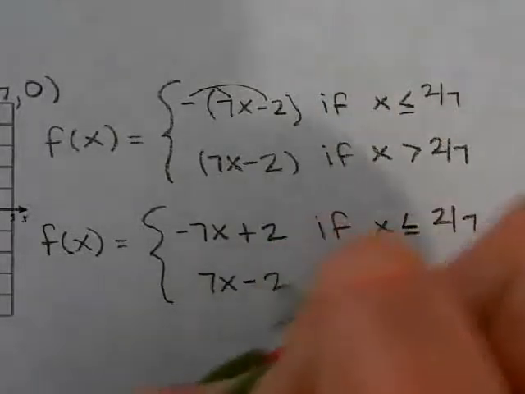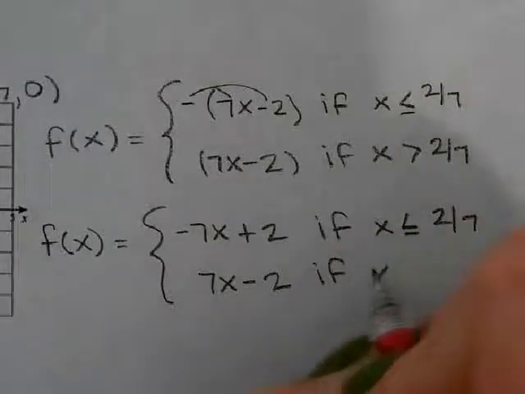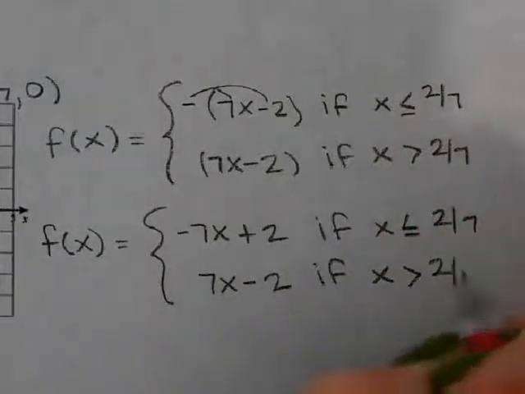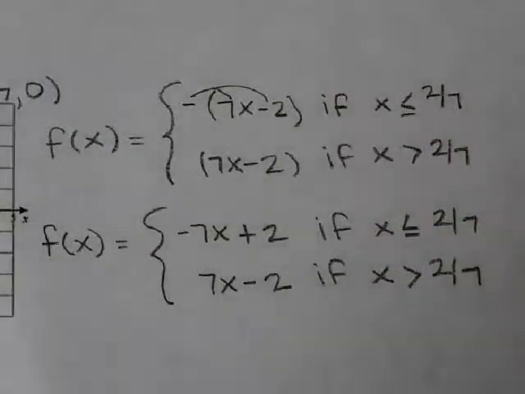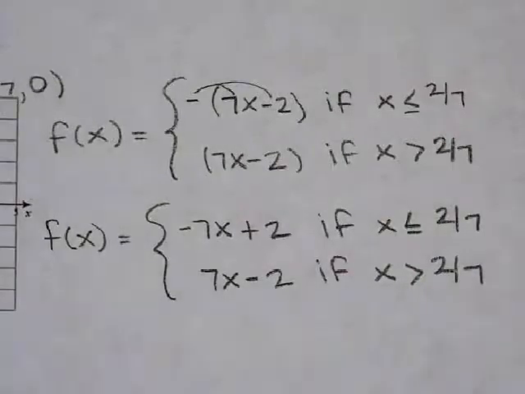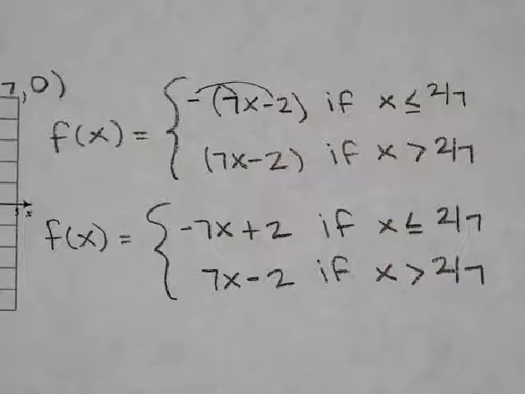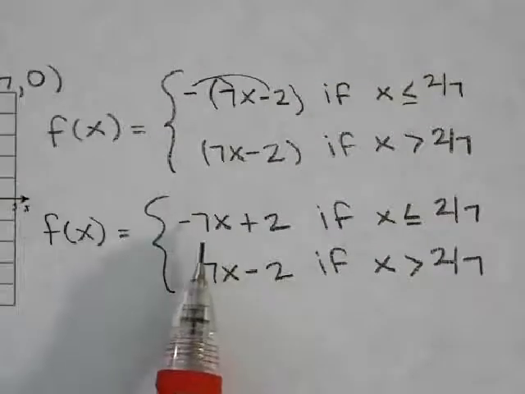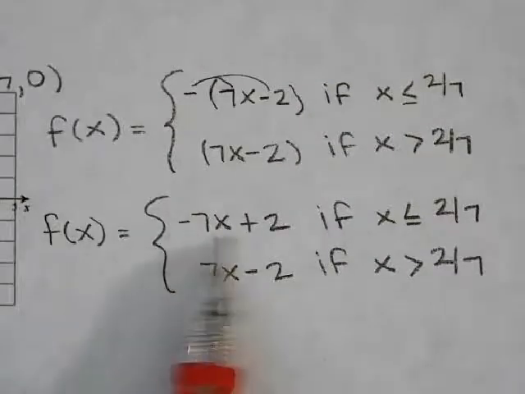All right. Now, if you are writing in pencil or in pen, don't draw this until we've done it in pencil first, okay? So only do this next part if you're writing in pencil because we're going to have to erase a little bit. So this says graph negative 7x plus 2. We're going to graph the line negative 7x plus 2, but only the part of the line that is left of 2/7.